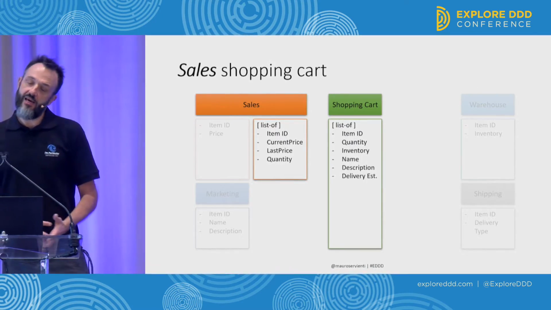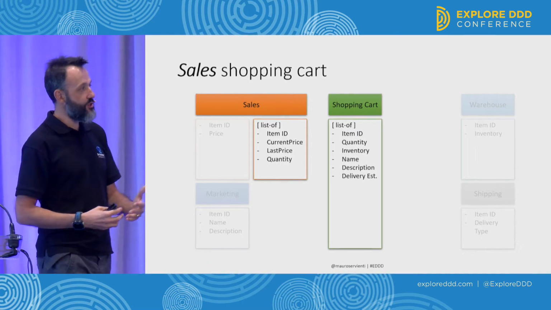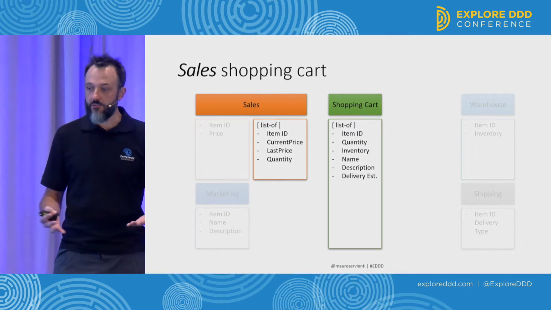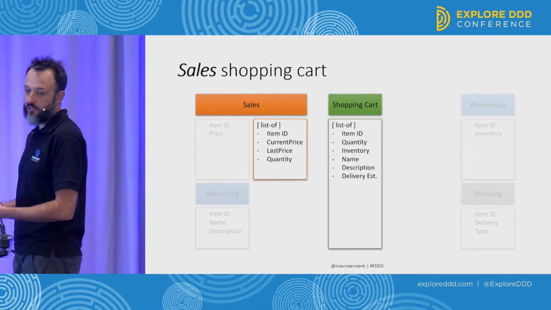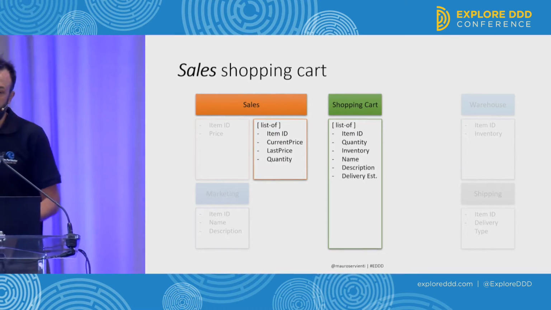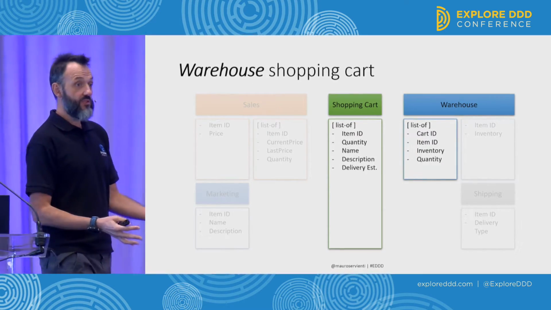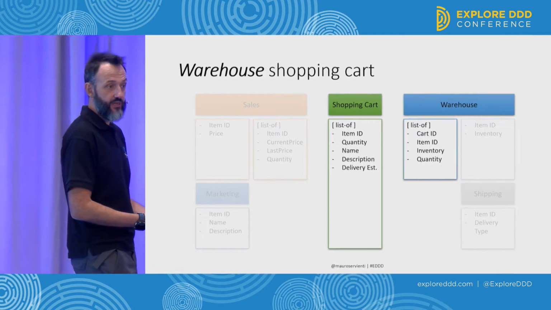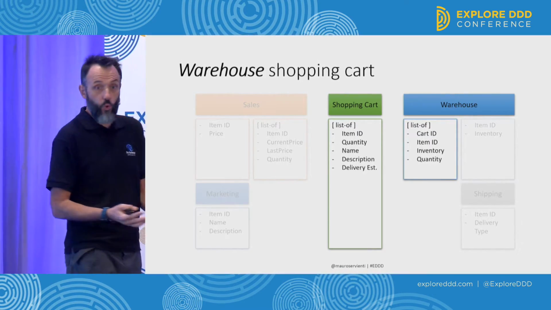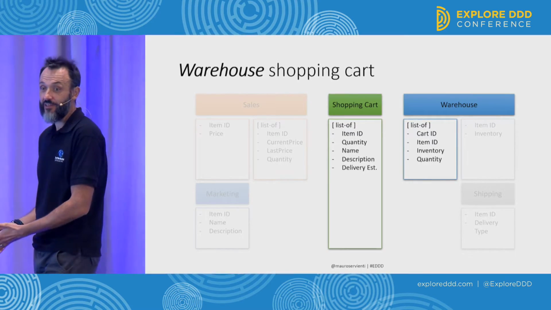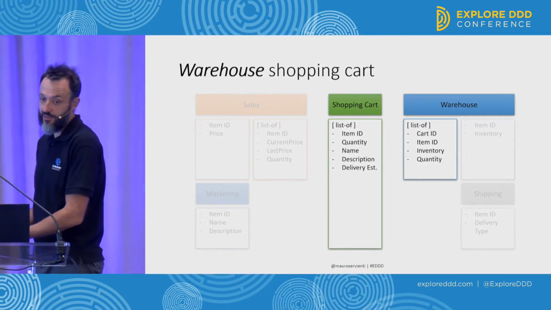So sales could say, well, my view of the shopping cart is just a list of items with a current price, last price, and quantity. That's it. And warehouse can do the same thing. There's a cart identifier, item identifier, quantity, and the current inventory for that item.